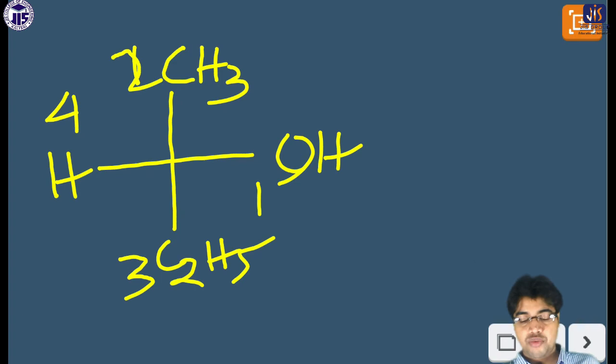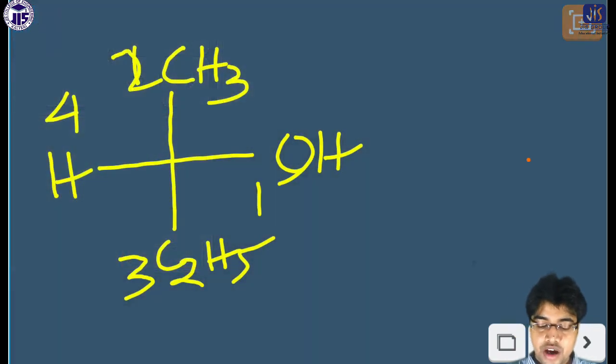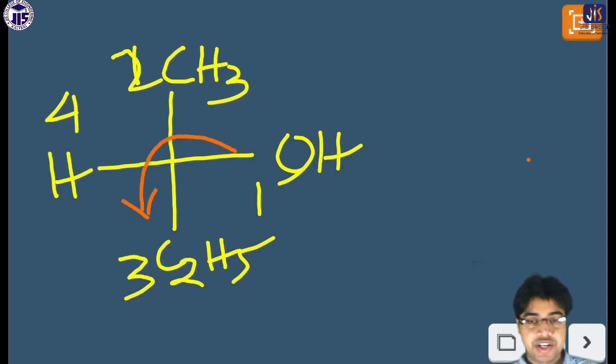If you consider 1, 2, 3, 4, what will be its direction? Its direction will be 1, 2, 3. But look here, 4 is on the x-axis, not on the y-axis.